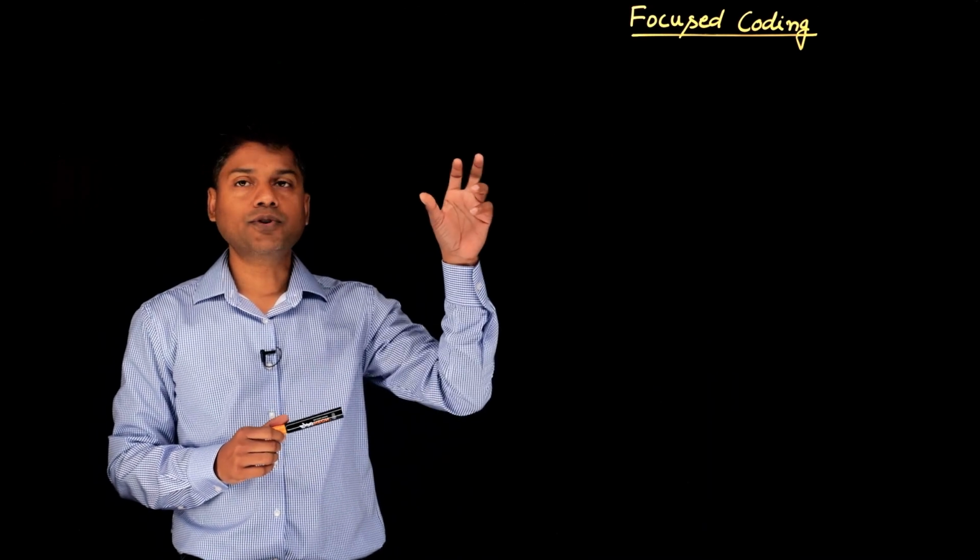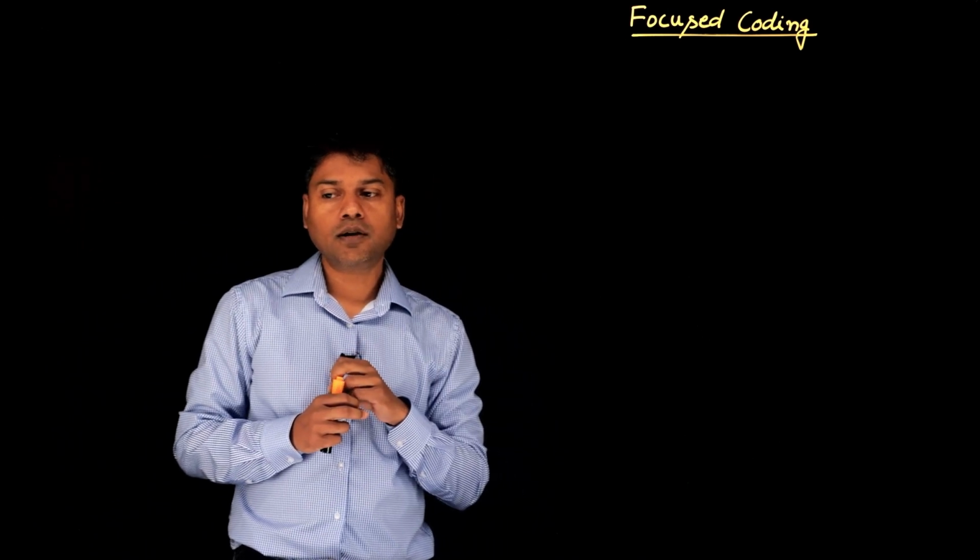As the word itself suggests, focused, that's what it means when we think about focused coding. We focus on significant codes, the codes which are, in our experience, more powerful.